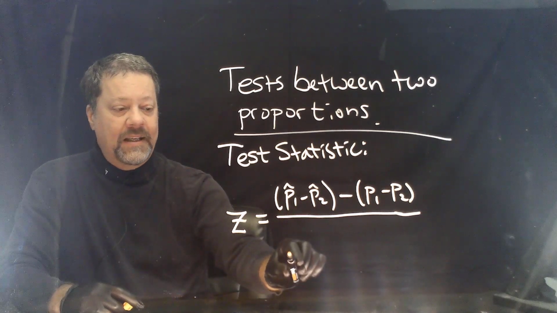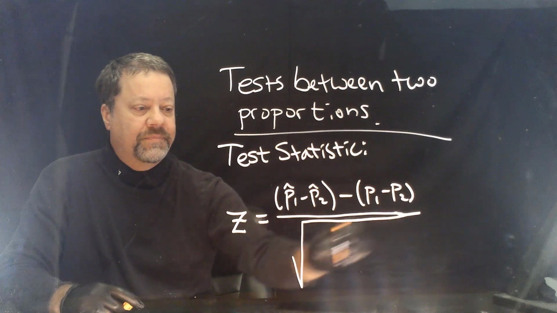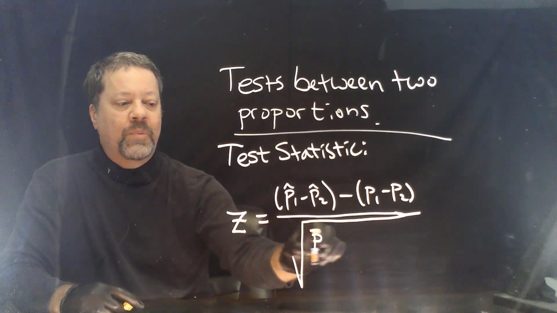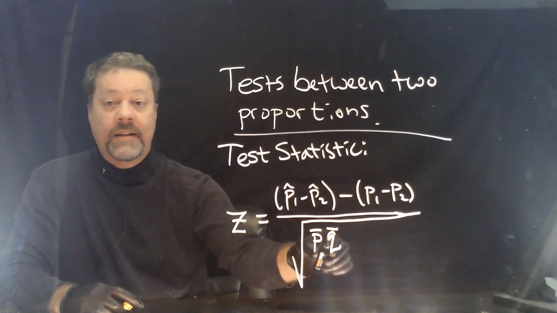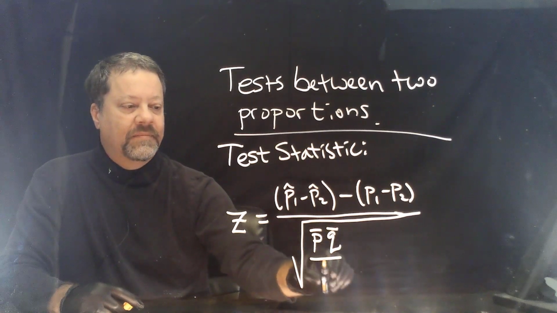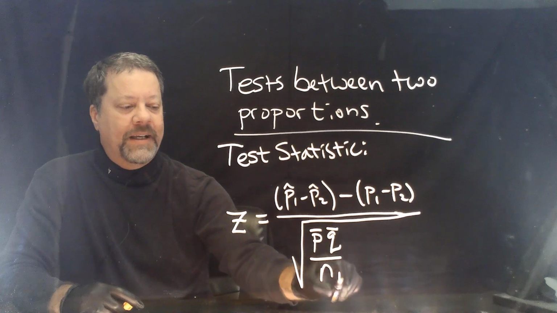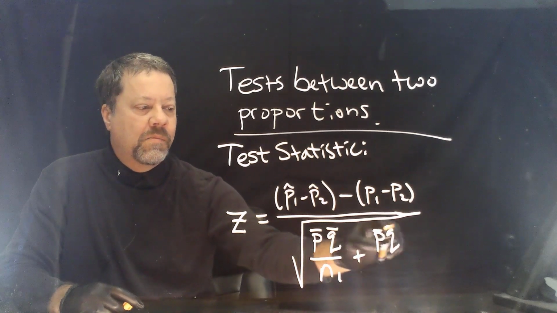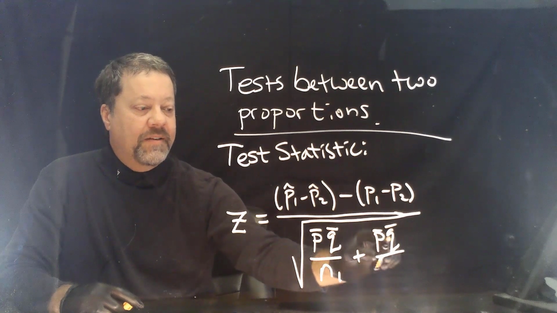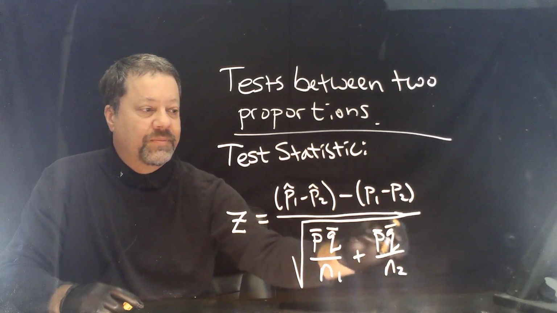To calculate the standard error here, we're going to use that pooled proportion and its complement, q bar, divided by n1. And then the same thing divided by n2.